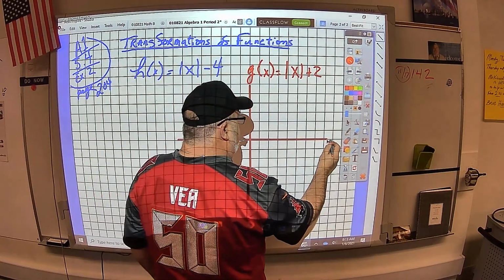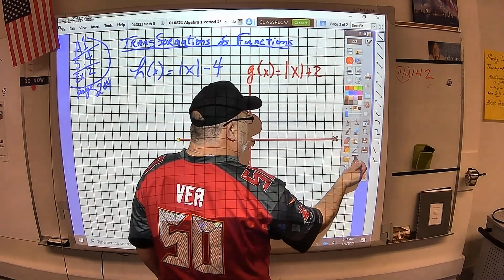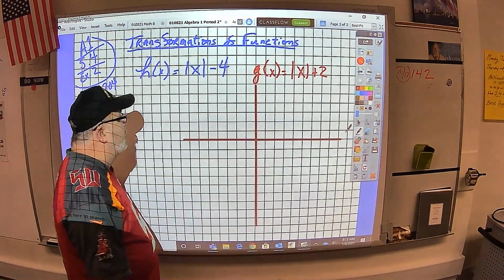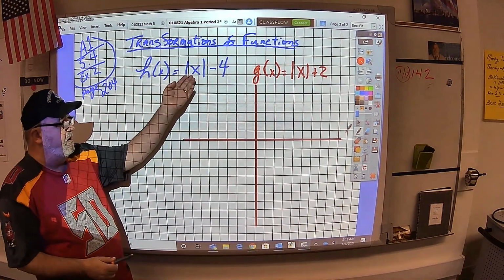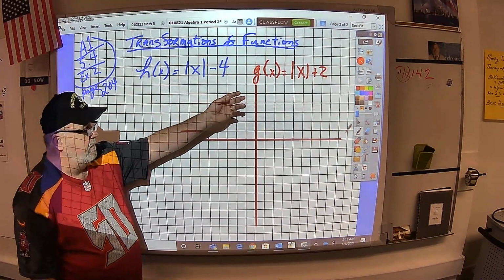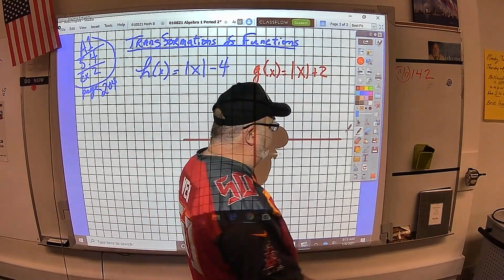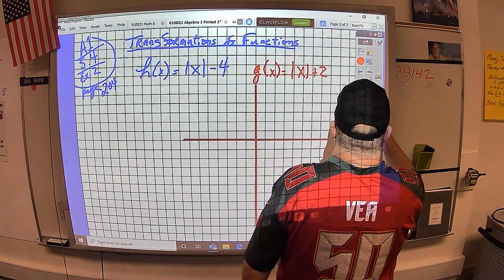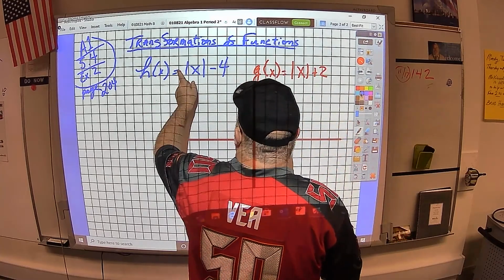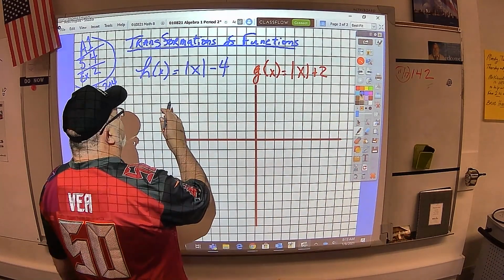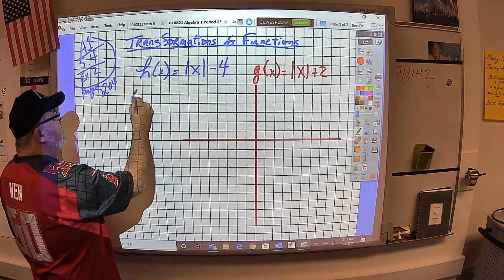You'll notice I've got a little bit more on the bottom than I have on the top. All right, now, we already know that these absolute values of x are supposed to look like this, right?